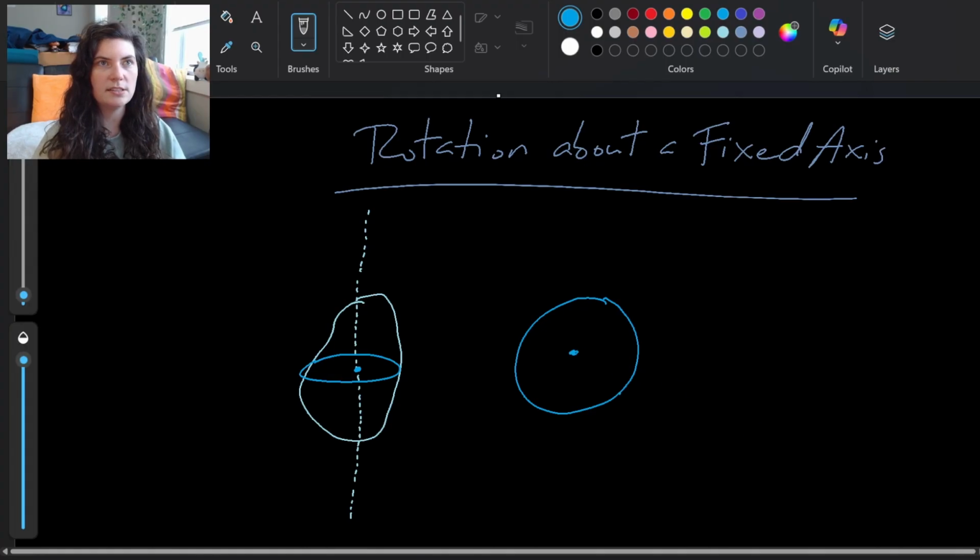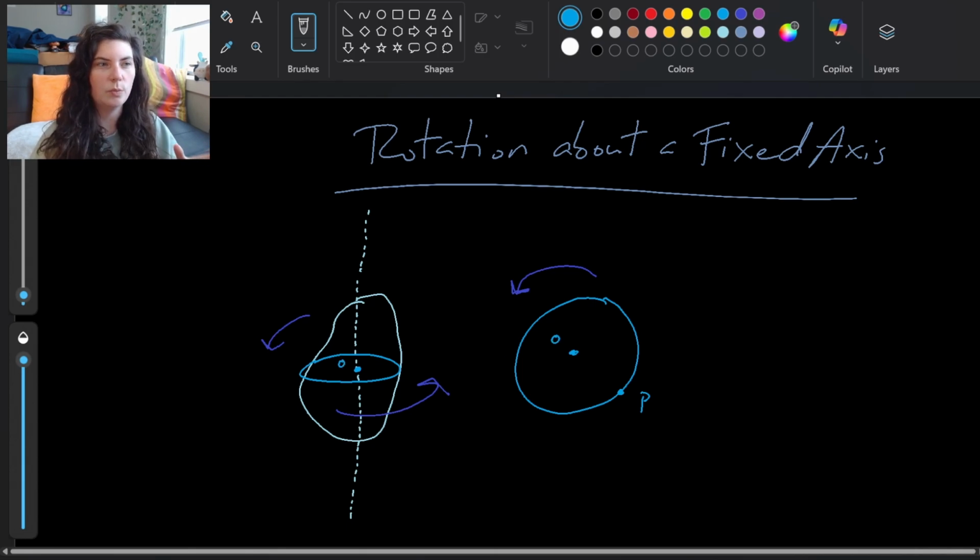We're going to be looking at some point P that's on the outer edge of our disc. That point P is moving around and around this body as it spins around this fixed axis in its center, this central axis about O.